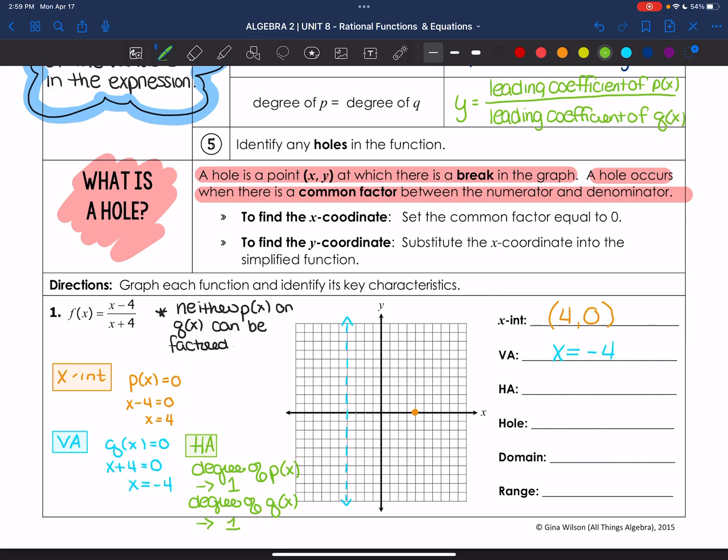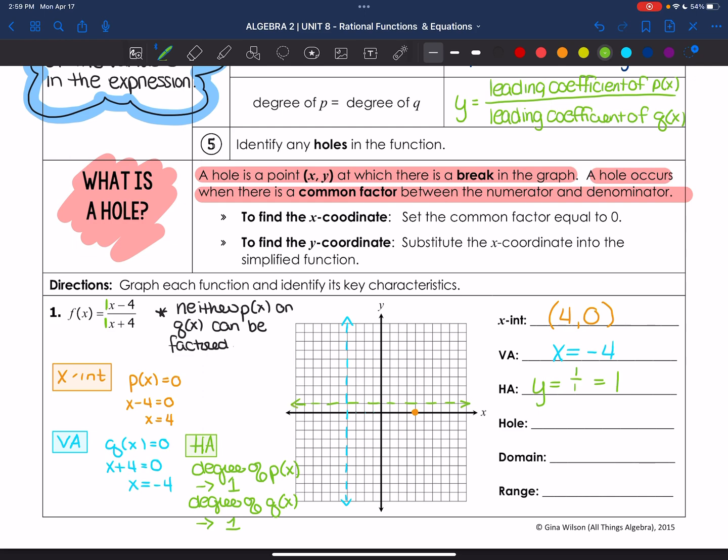So we need to look at the leading coefficient of p and of q. What number is in front of each of these first terms? They both are 1. So when you set that up, that horizontal asymptote is 1 over 1, which simplifies to just 1. We've got our horizontal asymptote here at 1.